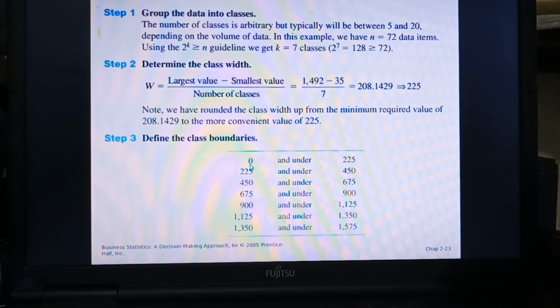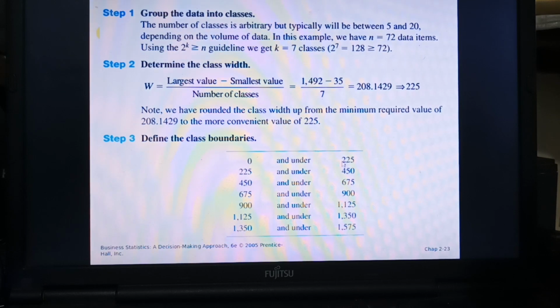So from 0 and under 225, 225 and under 450, the interval is 225. You notice the interval here is 225.